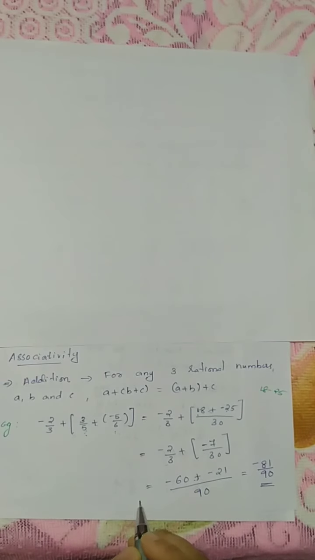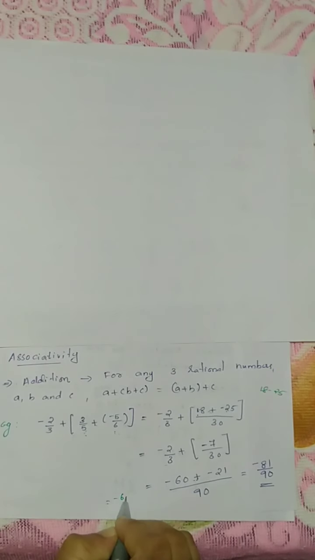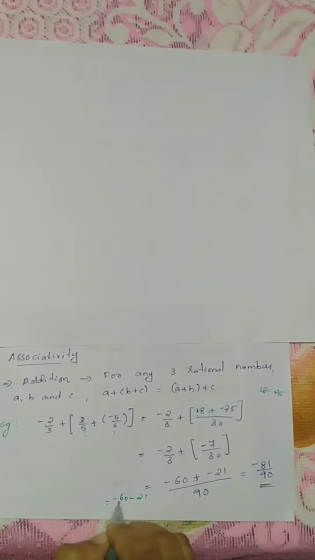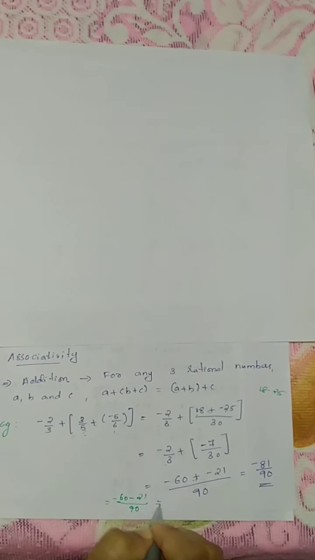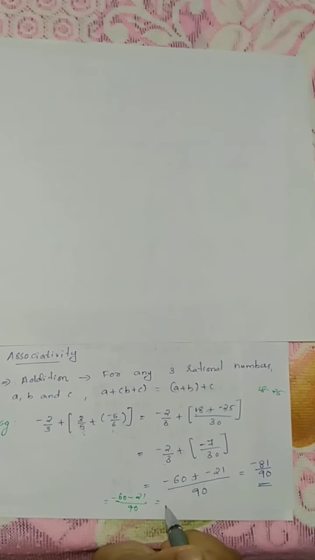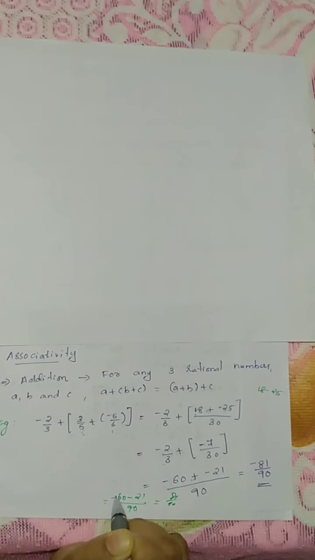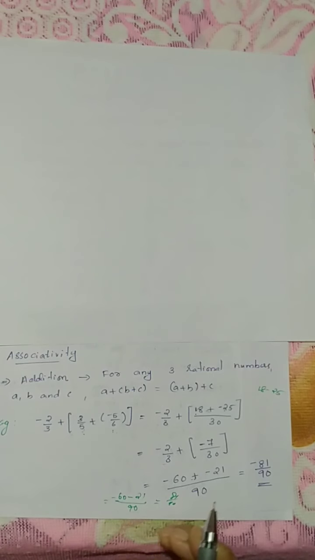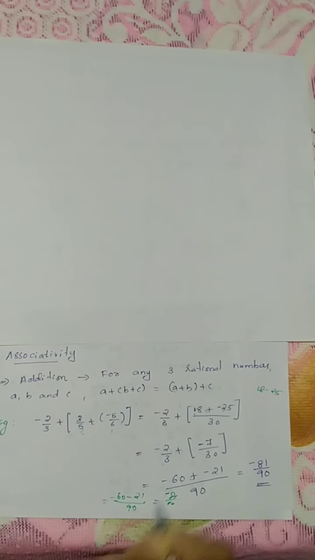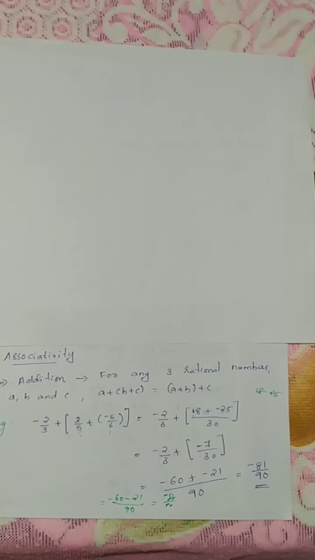This is minus 60 minus 21 divided by 90, which is minus 81 divided by 90, and the minus sign is for the greatest value. There is a minus sign for the greatest value 60, so we put a negative sign for this.